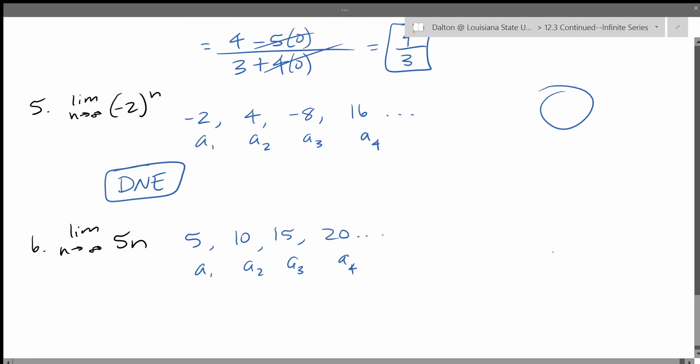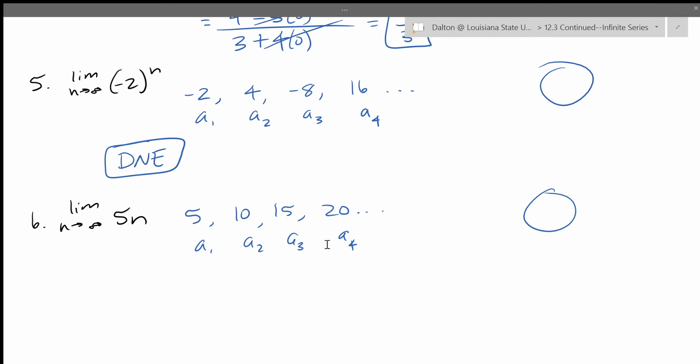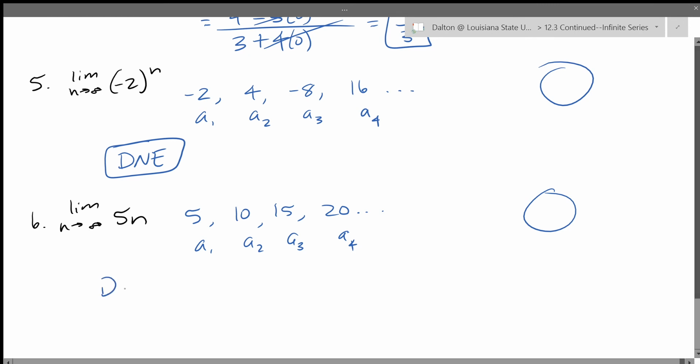And what's going to happen is I can't really pick a number that this is going to meet one day or get really, really close to one day, because it's just going to keep growing. We use the phrase arbitrarily large in the definition from last week. When that happens, this does not exist.